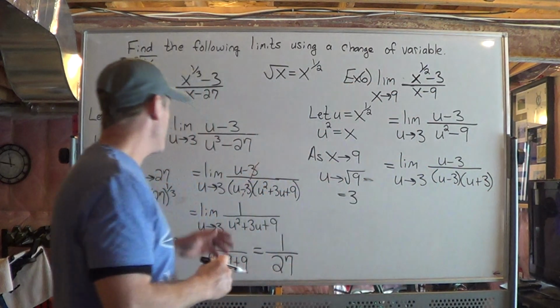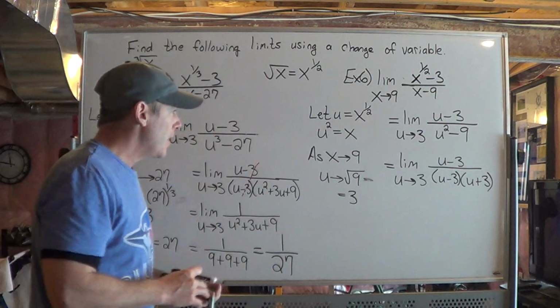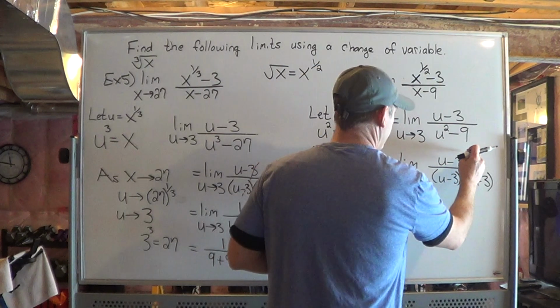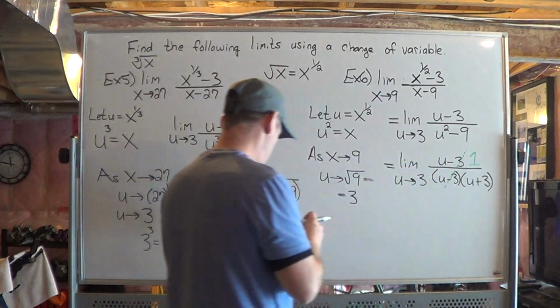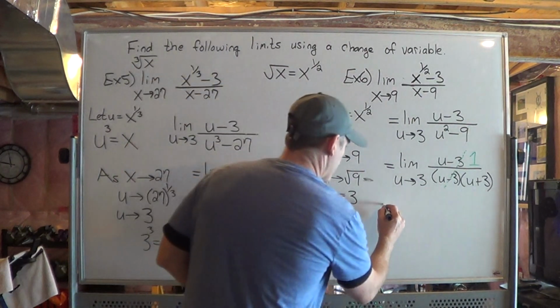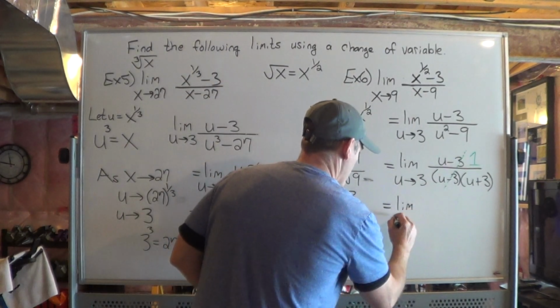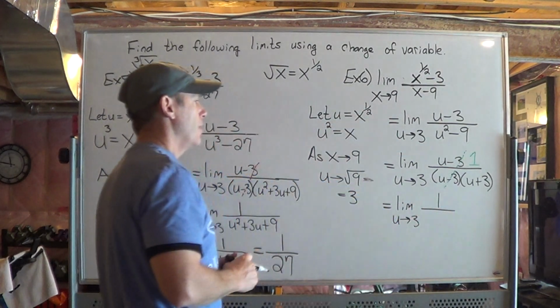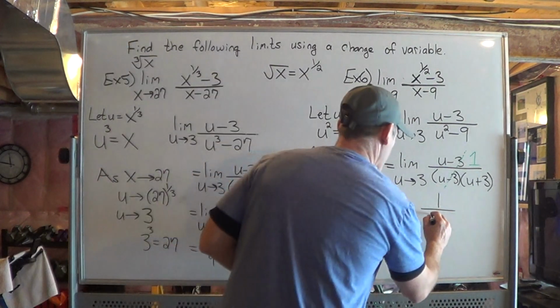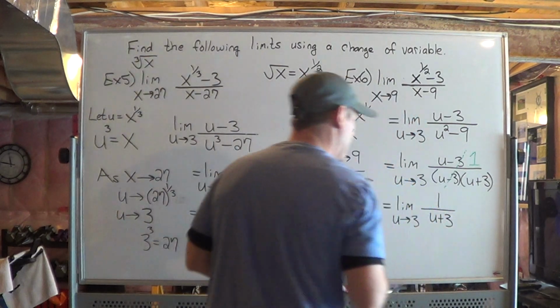Which is much easier than our difference of cubes. In the same fashion, those u minus 3's divide each other out, so we just got a 1 there now. And so now our limit is u approaching 3 of 1 in our numerator, and all we have is a u plus 3 in our denominator.